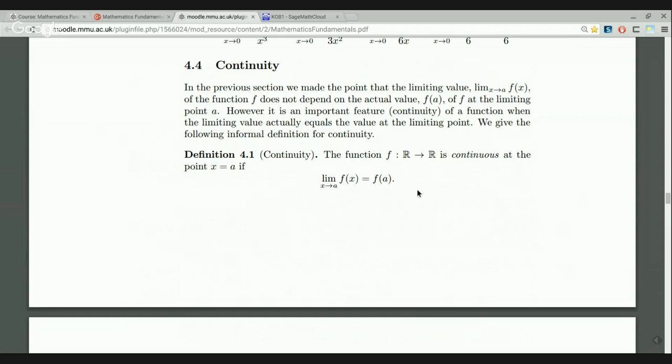So, you know, here's the graph of a function f of x, and as long as I draw the graph of it without lifting my pen off the paper, I'm drawing it in a kind of smooth, continuous, connected way, then it's suggested that it's continuous. Okay, that's a continuous function.